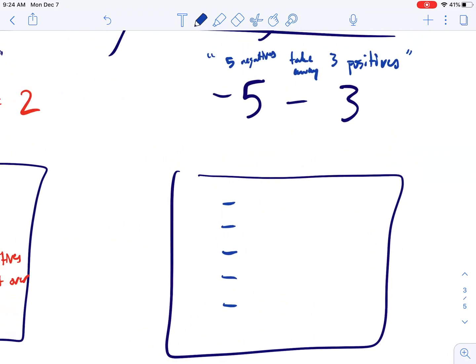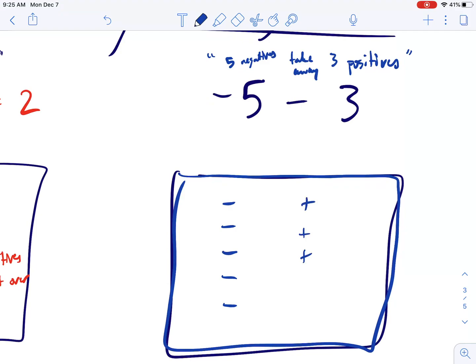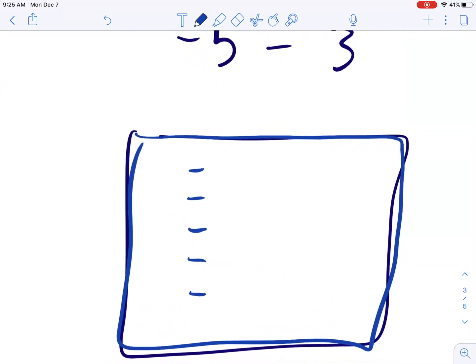But wait a second, there are no positives in this entire box, right? So the question I always ask my students at this point is, how do you add something in? How do we add positives in without changing the value of the problem? We can't just put 3 positives in because that changes the value. This is negative 5. We need to add things in without changing the value.